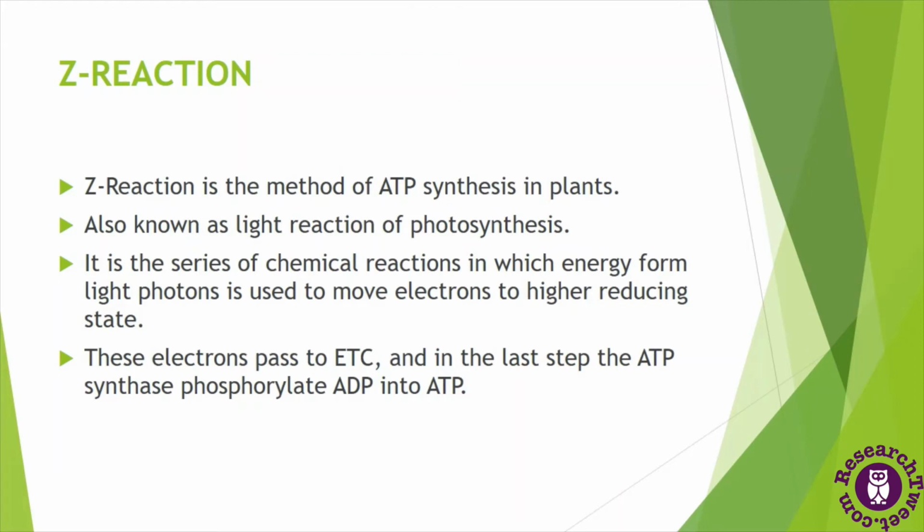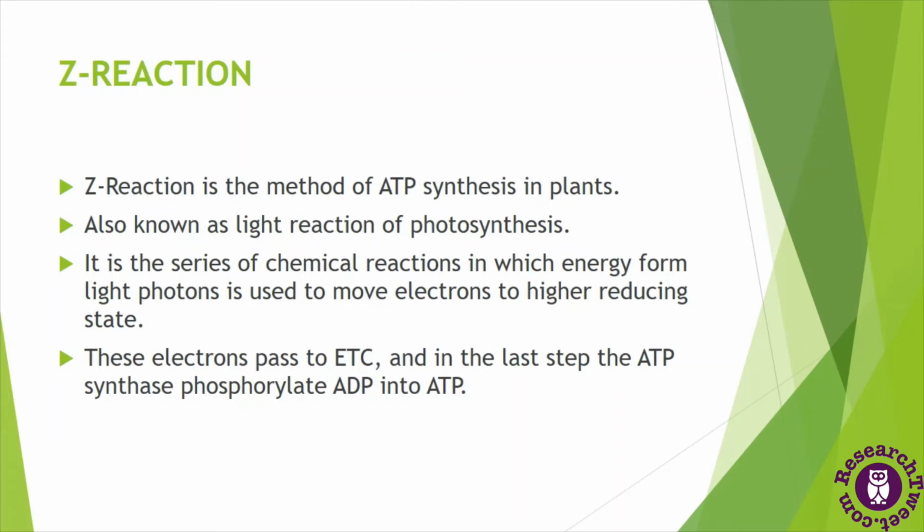Later, these electrons take part in the electron transport chain and pass down it. Then they release energy that is used to pump protons from the stroma of the chloroplast to the lumen of the thylakoid, as we have seen in the electron transport chain in heterotrophic animals.